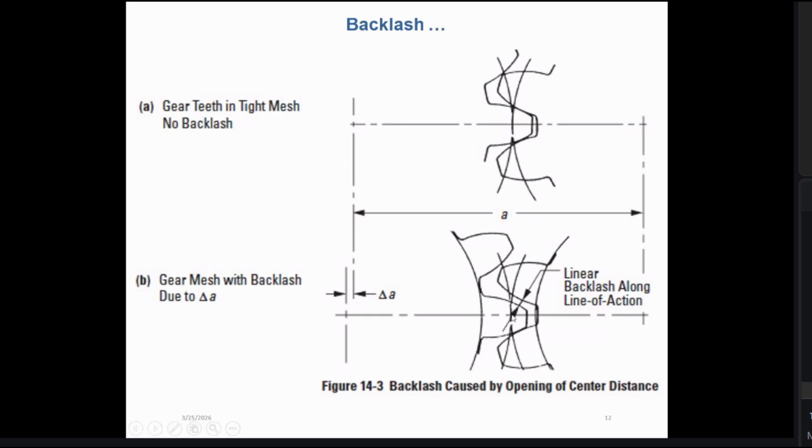So that is why we put a tiny backlash, a clearance in between gears, so that with the thermal expansion or due to the various environmental changes, gears will not be stuck. Right?